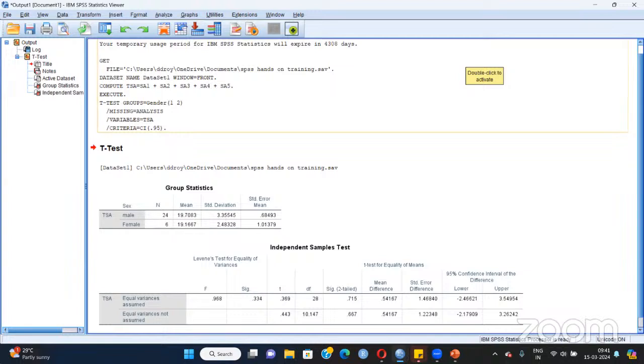Now, this is the data: 24 male and 8 female were there. And here I find that the self-awareness mean is higher than the female.